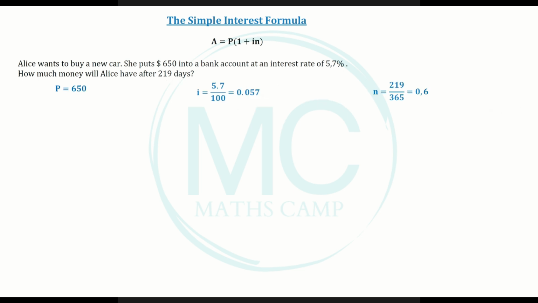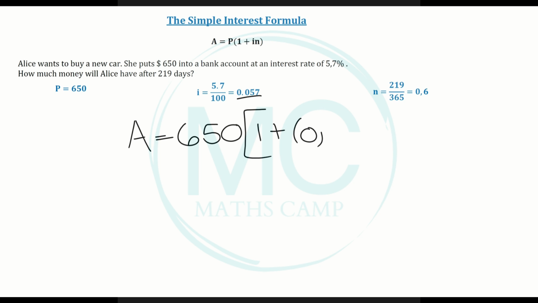Now we can put these values into the formula. So we say A is equal to 650, our P value. Open our bracket. We have 1 plus the value of I, 0.057, multiplied by N, 0.6. Now we can close our brackets.